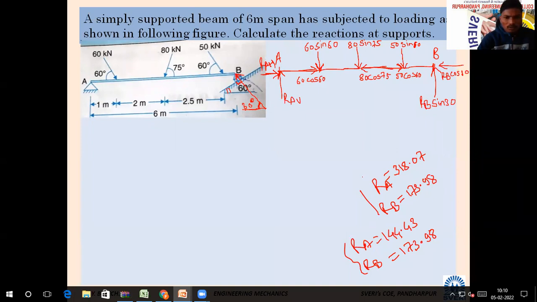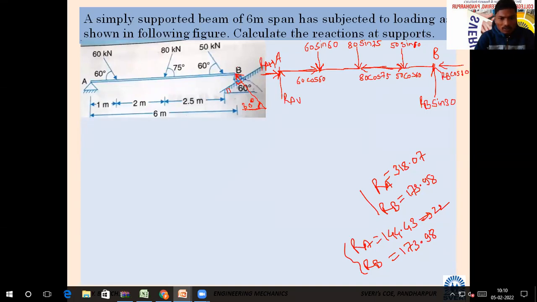RA is 22.73. There may be some mistake. Let us solve this. I think many have got different answers. I don't know why. Many of you got different answers.